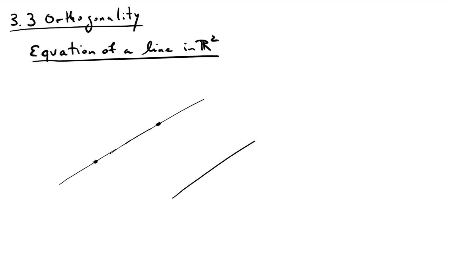Another way would be, if we've got the same line, if I've got 1 point, but I know the direction in which this line is going, I could specify that line. Given that vector, which is illustrated by the arrow, and a point, there's a unique line that goes through the point and points in this direction.